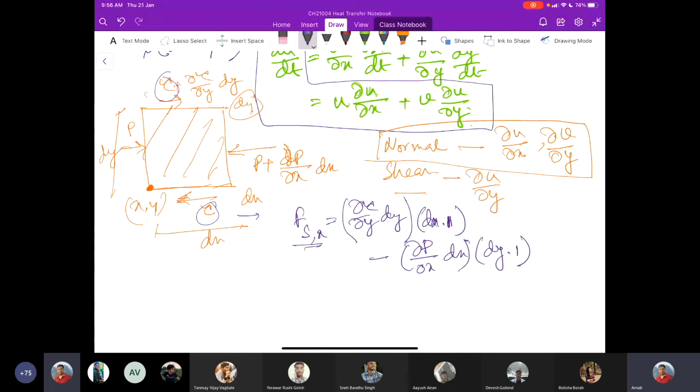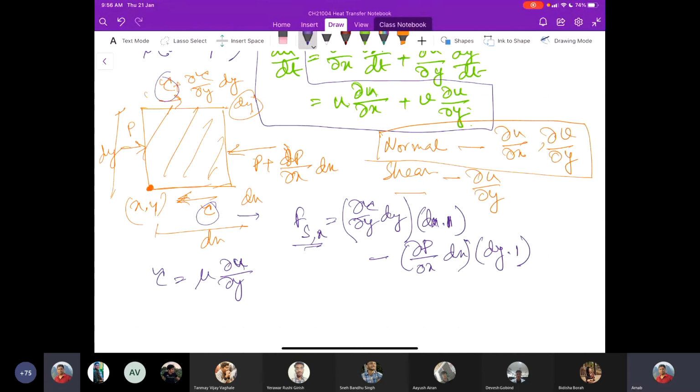This is dy, this is dx, where tau is nothing but mu del u by del y, neglecting the body force. Say this is an elemental control volume, where for the time being we can neglect the influence of body force.